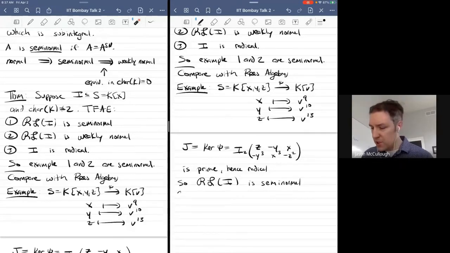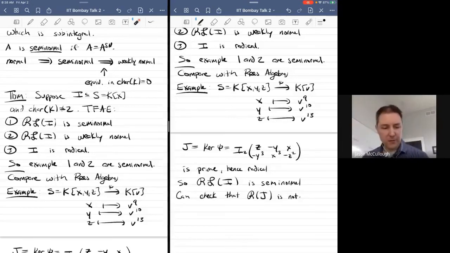On the other hand, you can check, say, with Macaulay2. There's a nice package that will let you check this, that the Rees algebra is not semi-normal. So we don't have as nice of a result for Rees algebras. This is something that's sort of nice for Rees-like algebras.